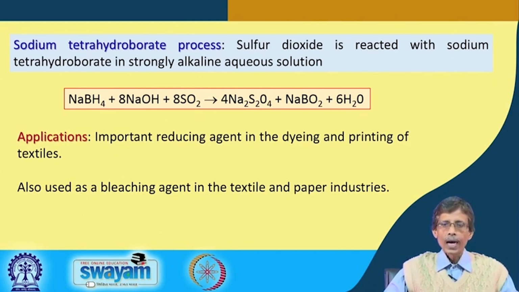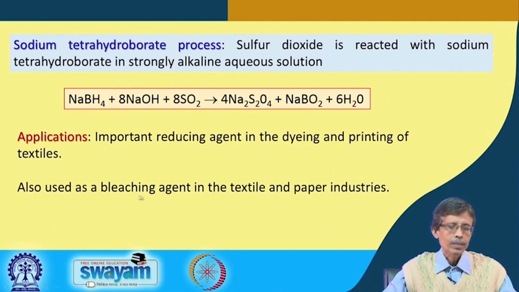So, fixing the dye to the printing material, the paper or the textile material can be done through treatment with sodium dithionite, a useful reducing agent. So, the dye can be reduced, giving you the coloration.